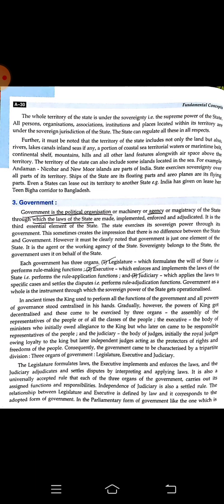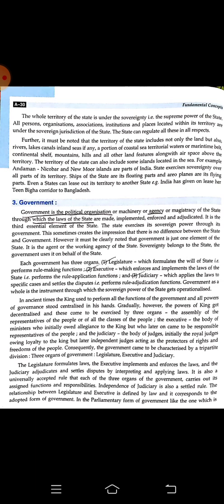The territory can also include some islands located in the sea. Even a state can lease out its territory to another state. For example, India has given on lease her Tin Bigha corridor to Bangladesh.